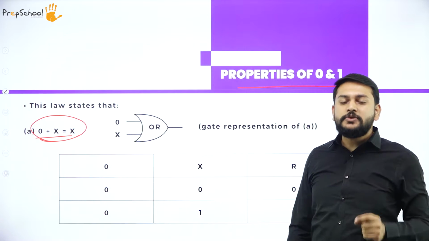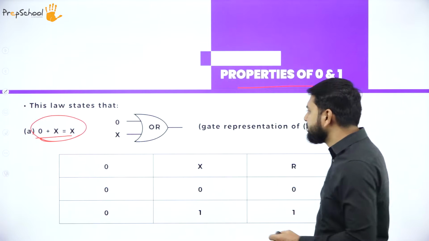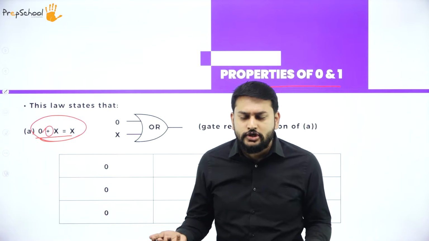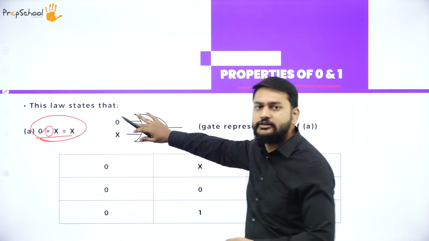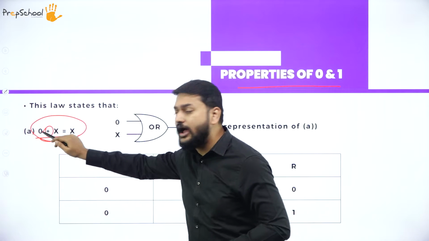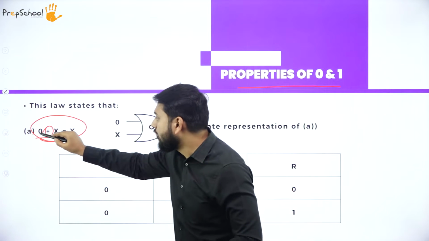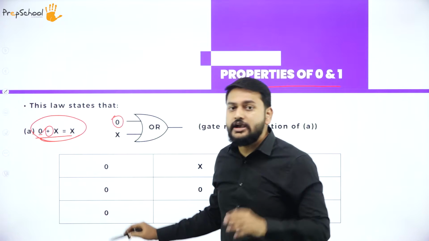So first of all, let me write the graphical symbol for this equation. What is the symbol that I have here? I have plus. So plus in the sense, which gate do I have to use? I have to use the OR gate. So fine, I'm writing the OR gate. How many inputs do I have? I have 2 inputs. My first input is 0, so I'm writing 0.